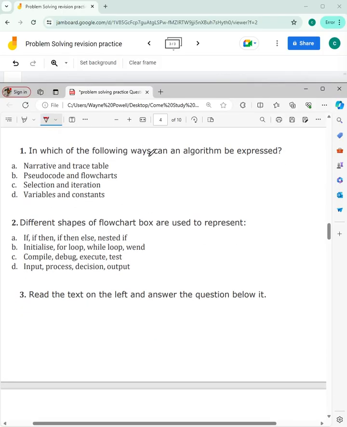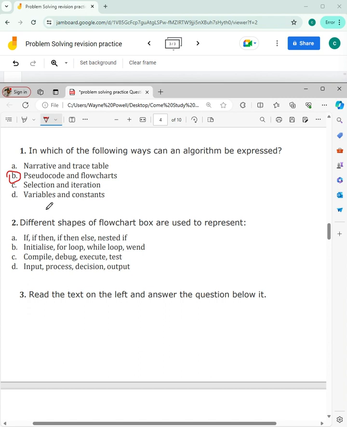Which of the following ways can an algorithm be expressed? Right? An algorithm, we say again, is either pseudocode or a flowchart. Do we see any of that? Yes, we see it. So the answer would be B, pseudocode and flowchart. Different shapes of flowchart boxes are used to represent what? Right?